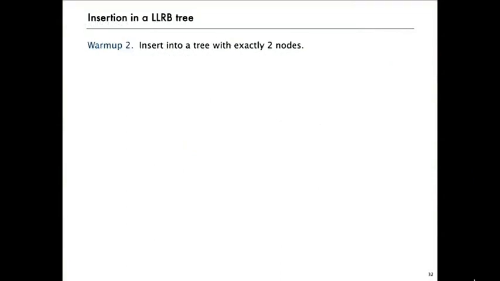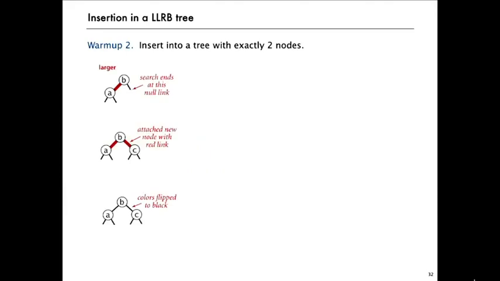So now let's look at a second warm-up. Say we have just 2 nodes in the tree. So we have 2 nodes, and that means it's a single 3 node. Then there's 3 cases. So one is that the new one is larger than both of the keys. If that's true, then we attach the new node with a red link as always, and that gives us a temporary 4 node.